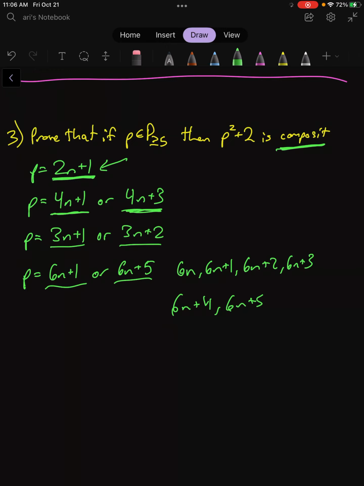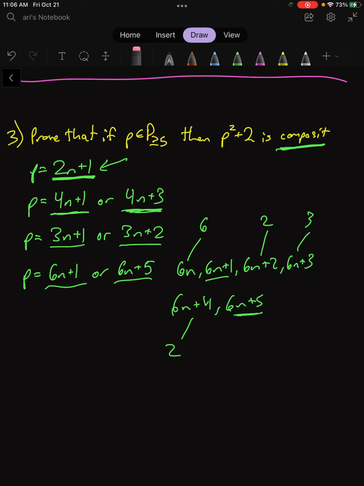So that's what the division algorithm would indicate: all of the natural numbers would follow one of these forms. So this first one we could factor out of 6, this one we could factor out of 2, this one we could factor out of 3, this one we could factor out of 2. And so we're left with these two examples where you can't factor anything out, which means that all of our primes are going to follow those two forms.